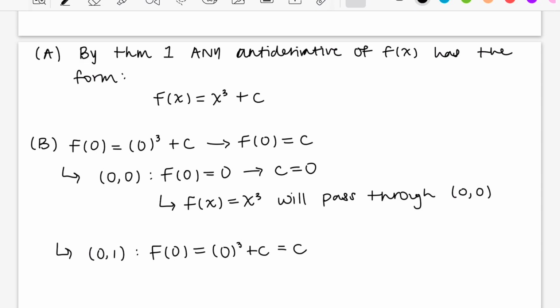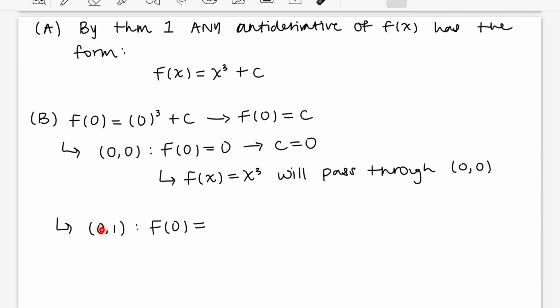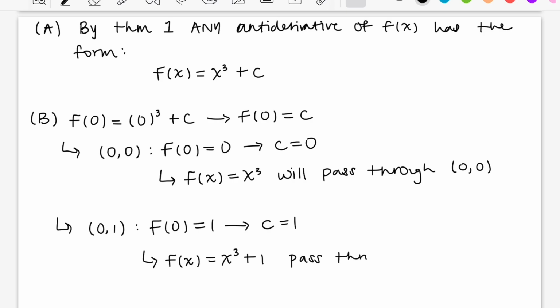What we want to show in this case, we already know that f of 0 is equal to c, and we know that when we plug 0 into our function, it should output 1. So what this tells us is that c is equal to 1. So this tells us that our function becomes x cubed plus 1, and this will pass through our point 0, 1.